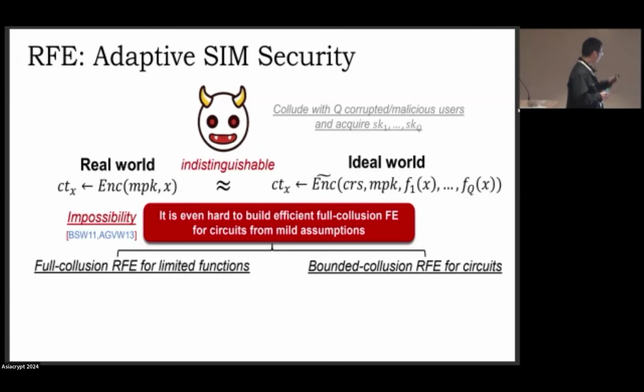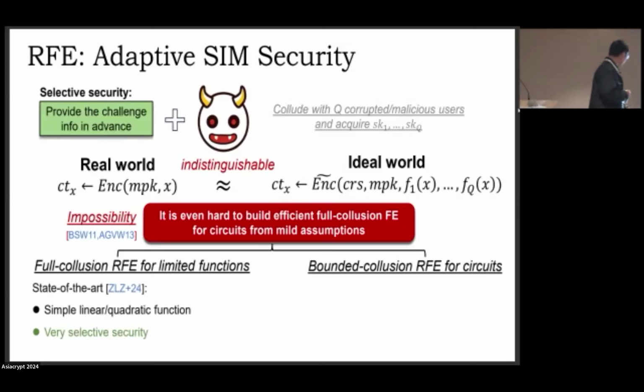Although this security is practical enough for applications, we already have some impossibility results. It is even hard to build efficient collusion-resistant FE for circuits from mild assumptions. With these results, the research on RFE can be divided into two directions. The first one is collusion-resistant RFE for limited functions.